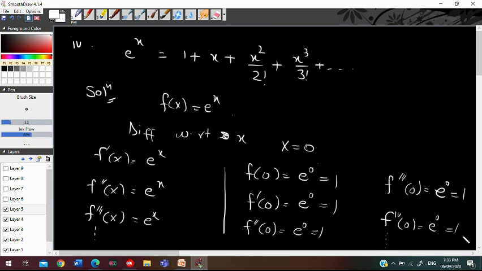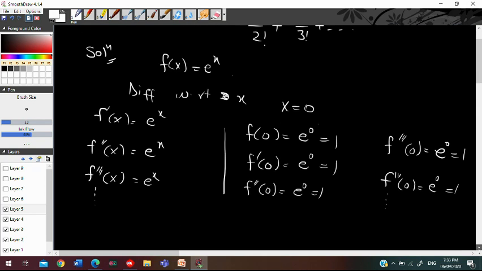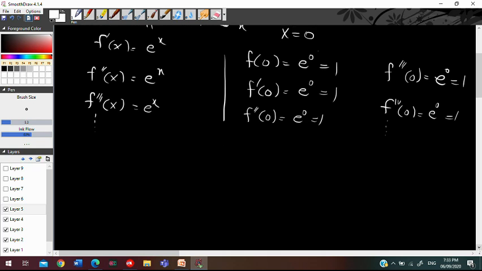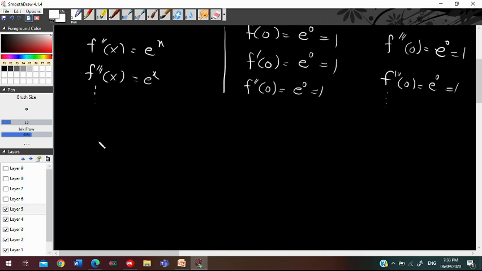So you just apply the values in equation number 1 and get the final result. Here you write the Maclaurin's expansion, f of x is equal to f of 0 plus f prime of 0, and then up to so on, and just put the values.